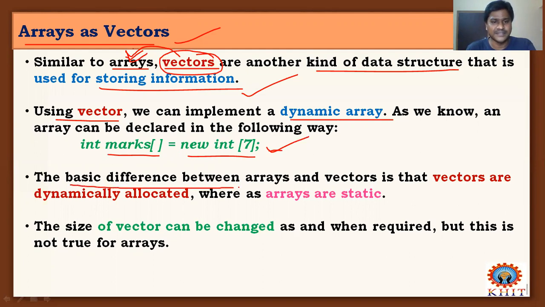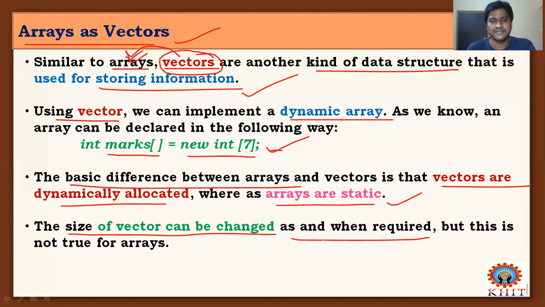The basic difference between arrays and vectors is that vectors are dynamically allocated, whereas arrays are statically allocated, and we can use size here. But from the vector point of view, the size of a vector can be changed as and when required. An array is statically allocated with some size, and we wish to change it.